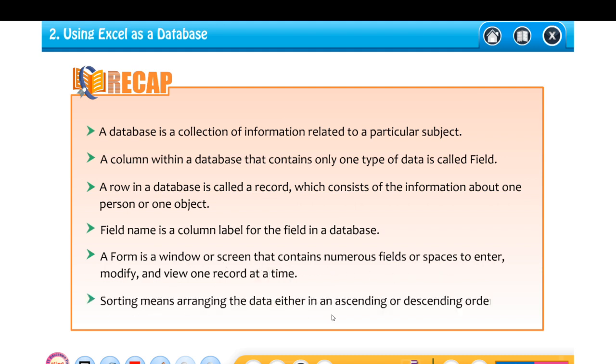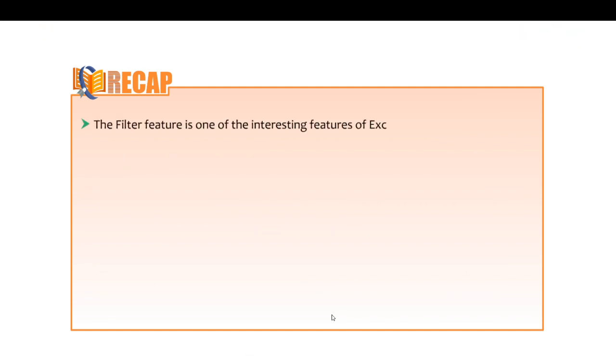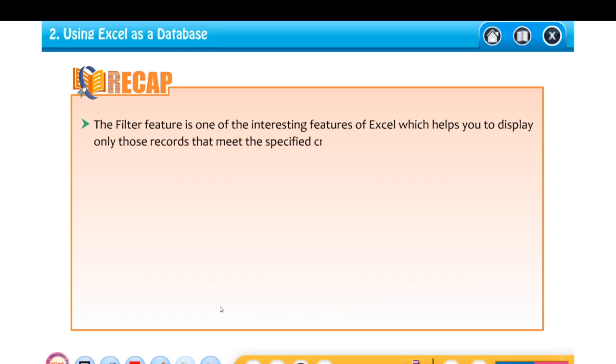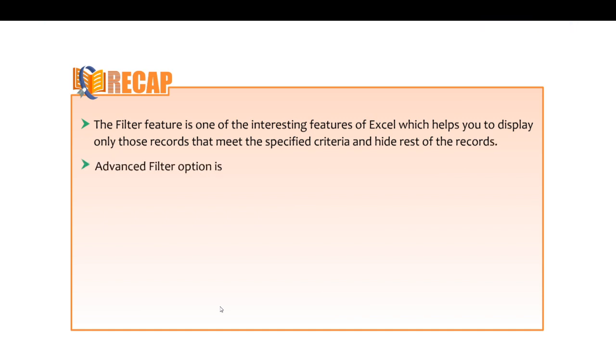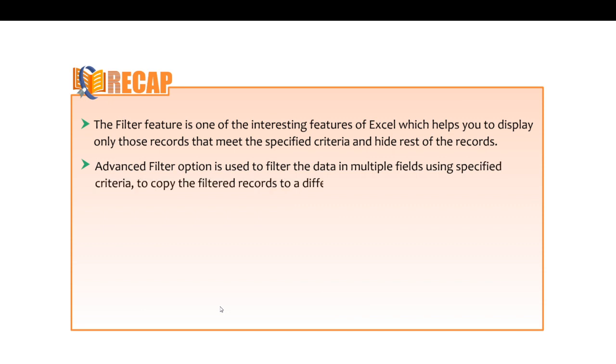Sorting means arranging data in ascending or descending order. The filter feature is one of the interesting features of Excel which displays only those records that meet the specified criteria. And advanced filter means that if you want to apply a filter on multiple fields, it contains multiple fields. This is the main difference.